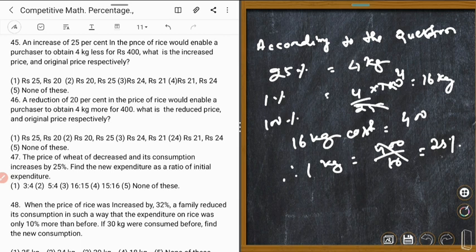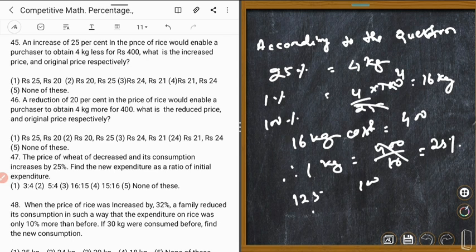So this is the new price. There is a 25% increase in it. So when new price is 125, the old price is 100.